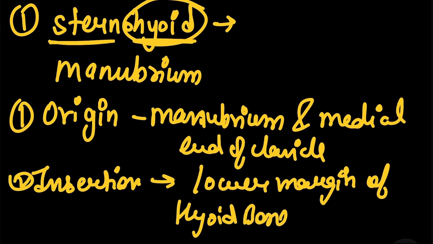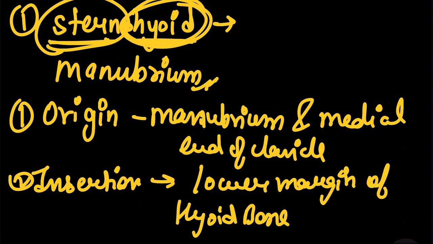So in the examination, if you do not remember where is the origin, where is the insertion, just see sternum is there. So which part of sternum? Manubrium is involved in this, and the insertion is in hyoid bone. Now its action.